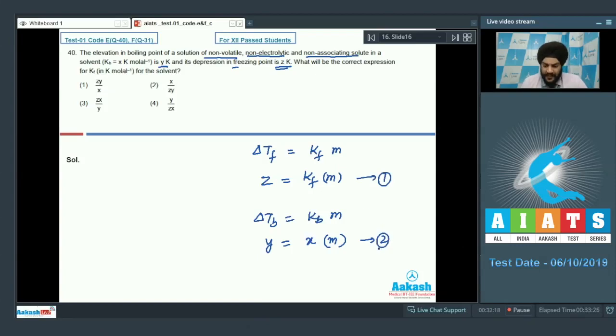So if you look at the two equations, we can just divide them. So we have Z by Y equal to Kf by X. So on simplification, we get the value of Kf equal to Zx by Y. So if you look at the options which are given to us, students, we can clearly see that for this question we have to mark the correct answer as option 3. Let us look at the next question now.